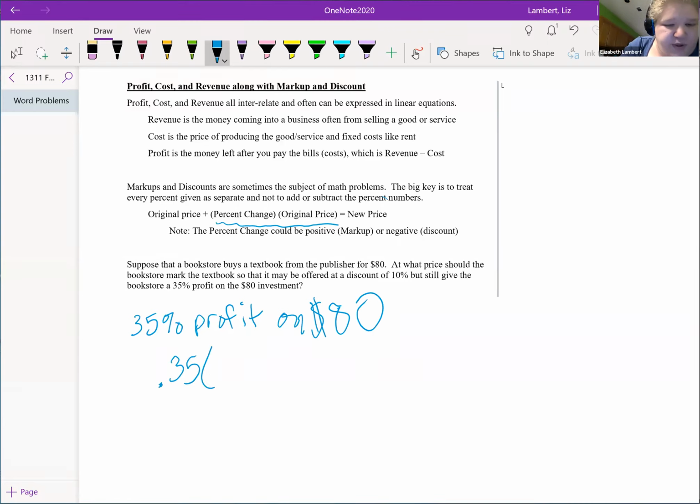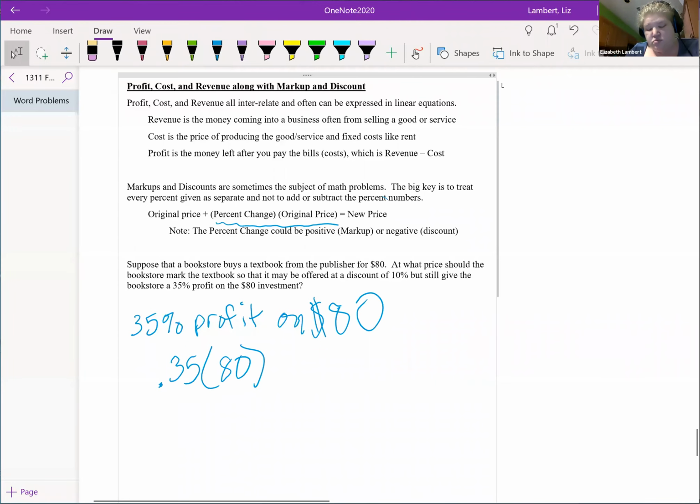To figure out what is 0.35 of 80. Because they did say a 35% profit on the $80 investment. So that is the way we're going to apply it. Calculator. 0.35 times 80. And I get 28.